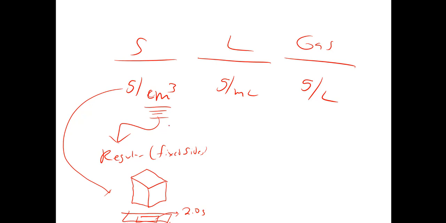And then for the volume, we have to do centimeter cubed, and that means we have to take out our trusty ruler and measure the x, y, and z axes. So it's going to be length times width times height, or x, y, z.